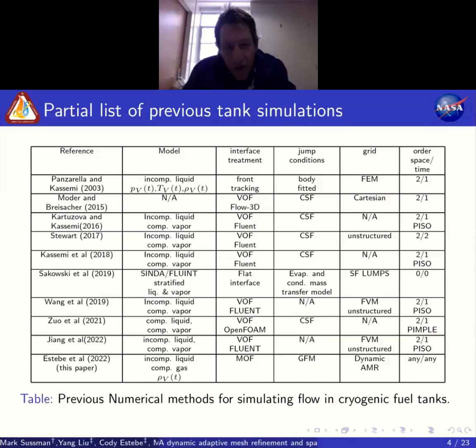In the PISO method, they use a semi-implicit method, which enables one to avoid this time step restriction, but then taking large time steps, the method may not accurately capture these acoustic waves.